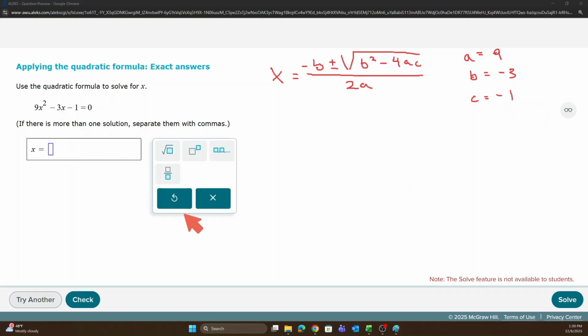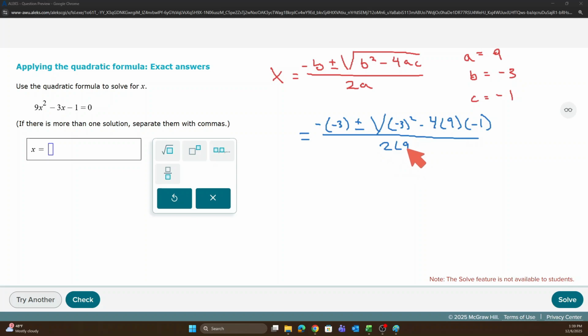So when we put these into our quadratic formula, we have x equals -3... negative b, so negative negative 3 is just 3, plus or minus the square root of negative 3 squared minus 4 times a times c, all of this over 2a. Let me finish my square root symbol here.